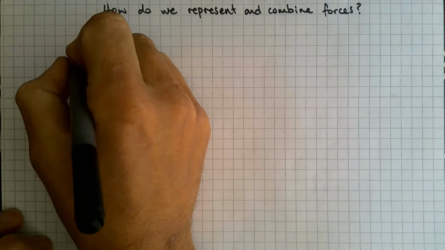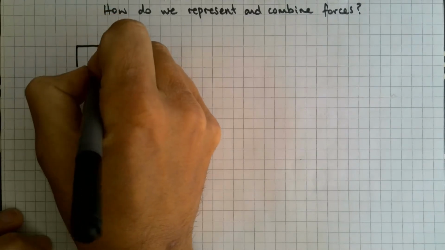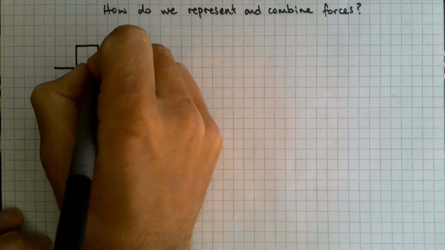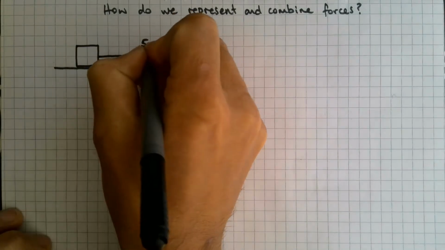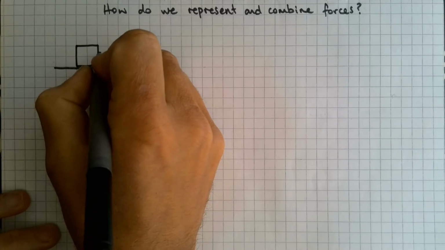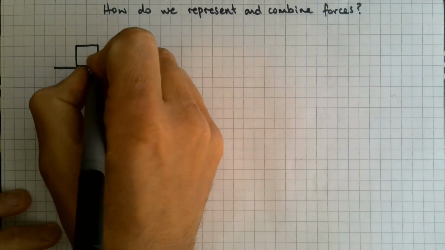So previously we looked at an object on the desk and it was being pulled by a force of 5 newtons, and this idea of equal and opposite forces is to consider the specific contact point.